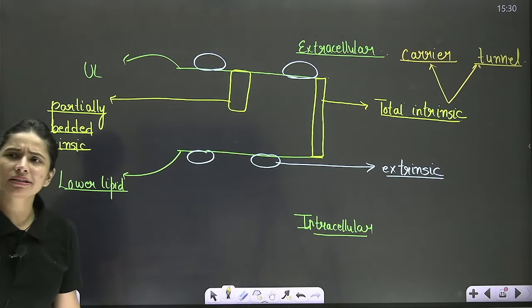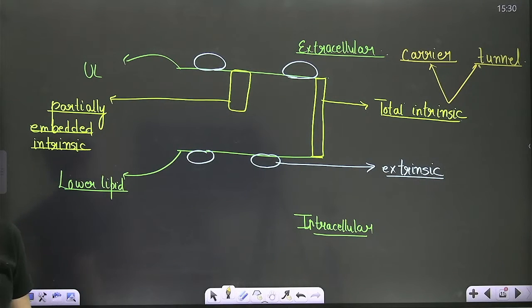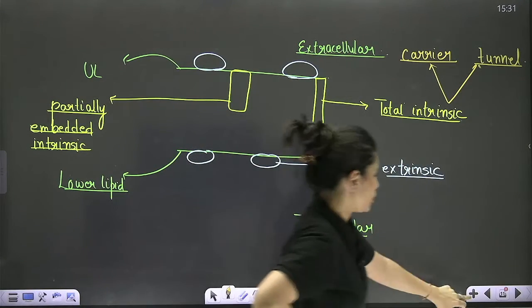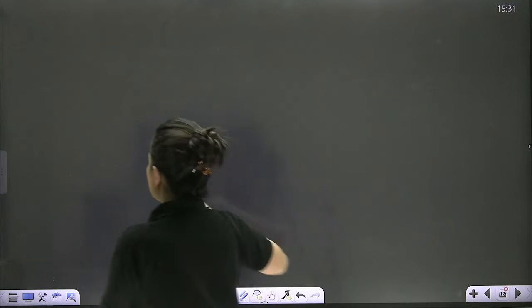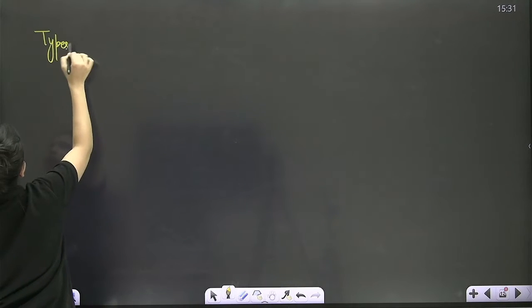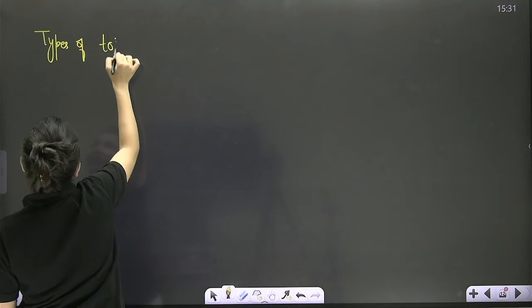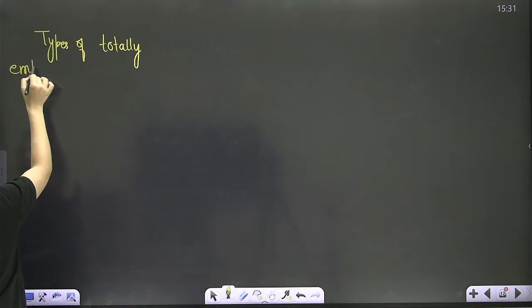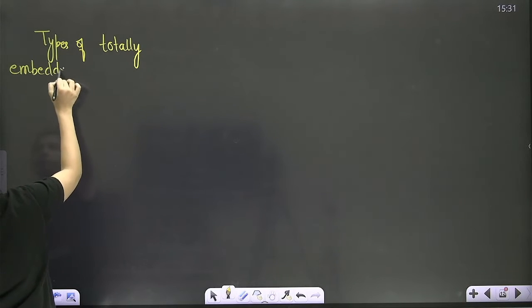Now, what is this carrier? What is this tunnel? Let's try to understand. So, beta, I hope this diagram is clear to everyone. Chalo. Now, our focus is going to be understanding the types of totally embedded intrinsic protein.